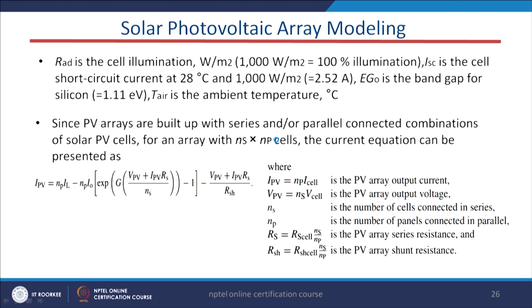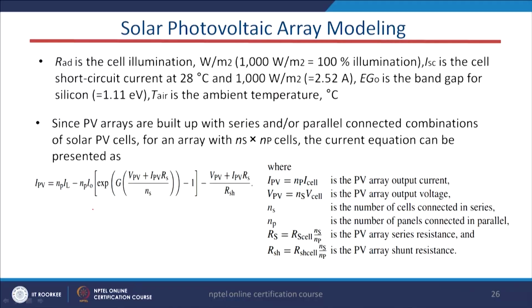Now, let us say we have a larger number of cells connected in series and parallel to get more power, because a single cell produces only 0.5 to 0.6 volt DC. If we need more voltage, more power or more current, we have to connect them in series or in parallel.